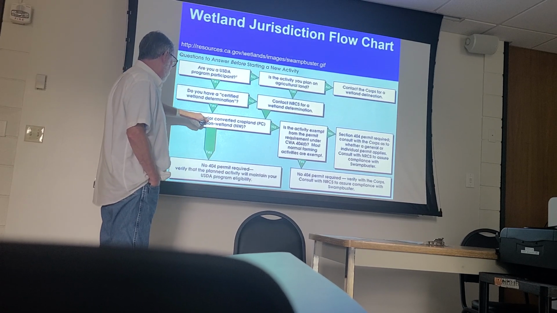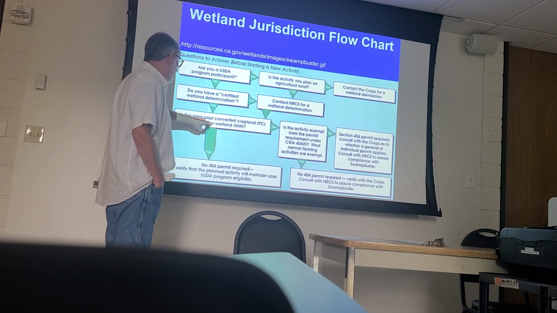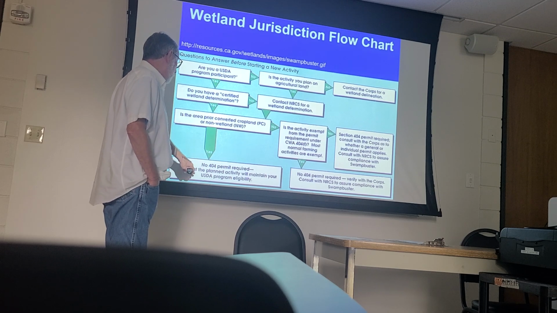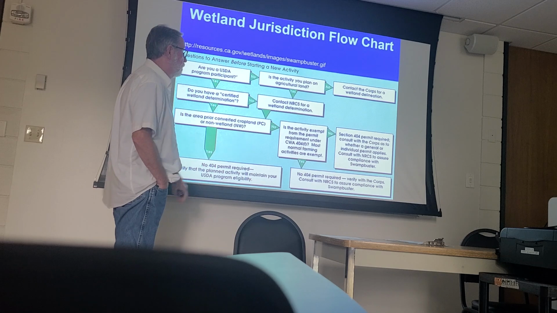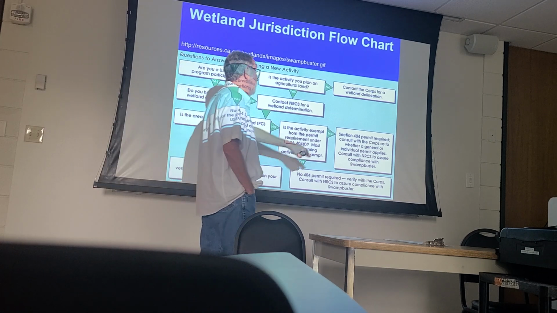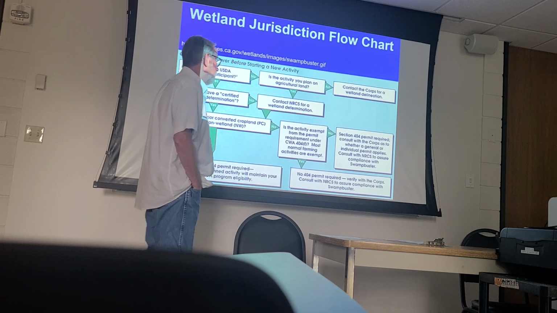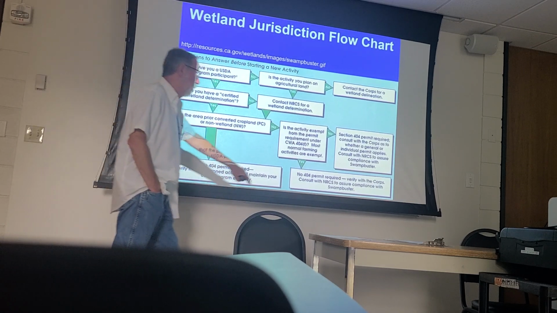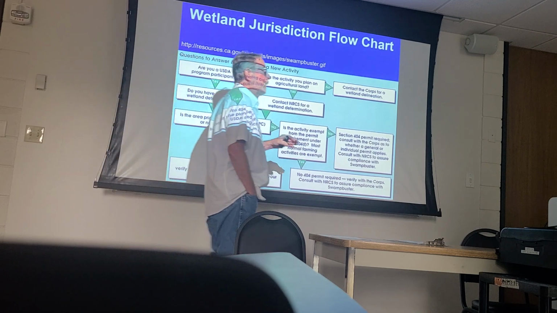If it's one or the other, if it's cropland, you're pretty much okay. If it's not, then you have to do other things. So you can work your way down through this, and it tells you when you need to get a 404 permit, or when you need to consult NRCS to find out about Swampbuster.